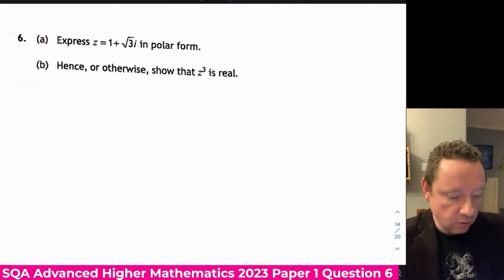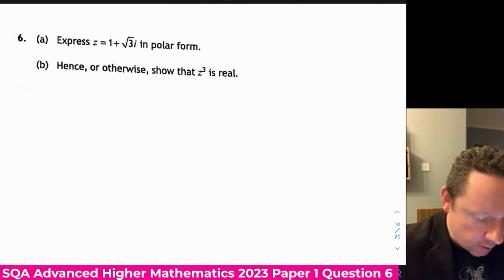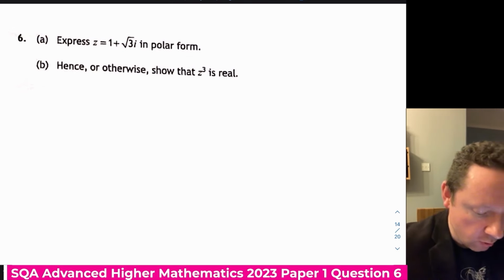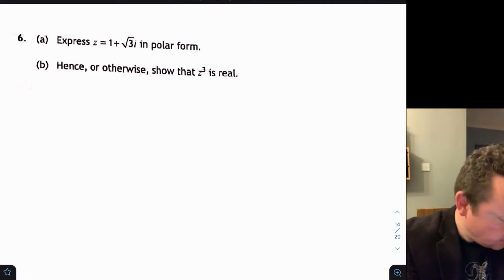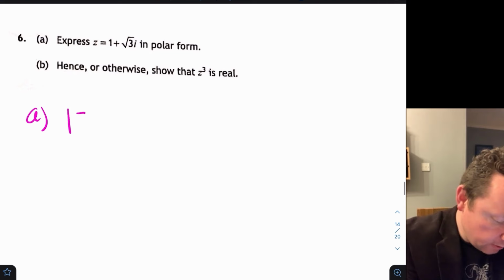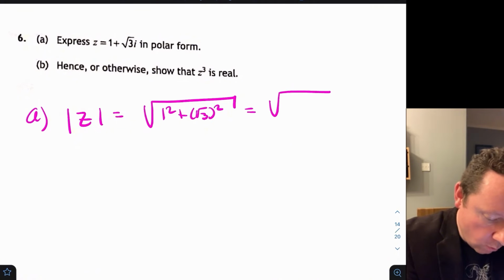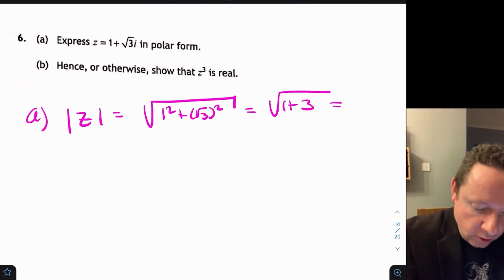Advanced Higher Maths 2023, Paper 1, Question 6. Express z equals 1 plus root 3 i in polar form. Quite standard stuff this. We need the modulus of z, which is a bit like Pythagoras, I suppose. You've got 1 squared plus root 3 squared, square rooted. That's 1 plus 3, I'll just go straight to 2, shall we?